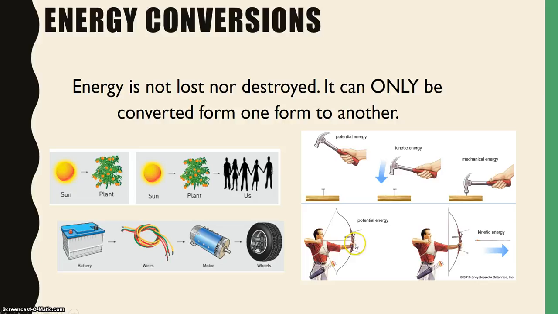Just as well over here, you've got the elastic band or the threads strung back. There's elastic potential energy there, which then moves into kinetic when you release it. So the point of this slide is that energy goes from one type to another. It's not lost, it's not destroyed, and it's not created. It's only transferred or transformed.